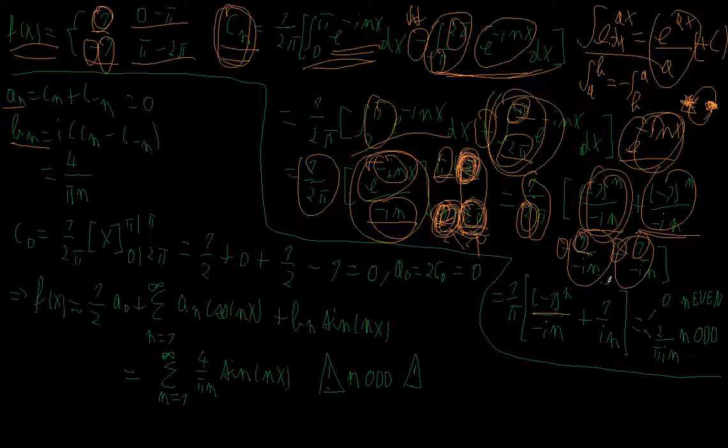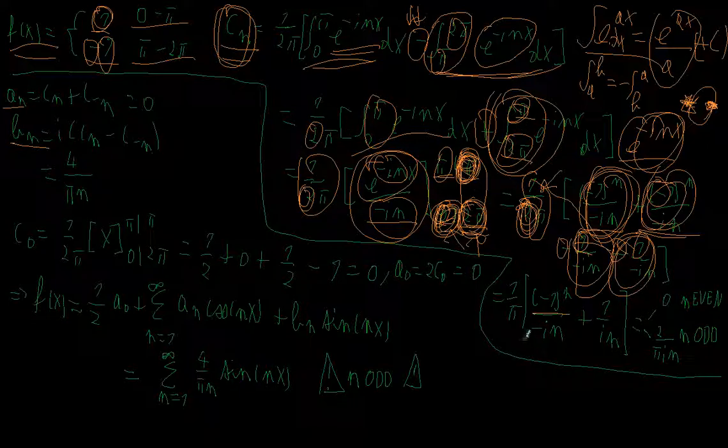Because we factor out the 2 that cancels, this value and this value are the same, so now there's only one value. And then we have this plus 1 over i n, because we have negative 1 over negative i n, so negative, negative, so positive. And again, we also factor out the 2 here, that cancelled with this 2 in the denominator.